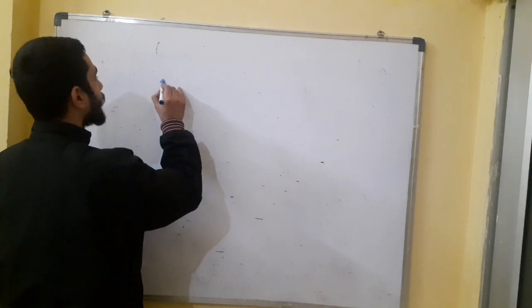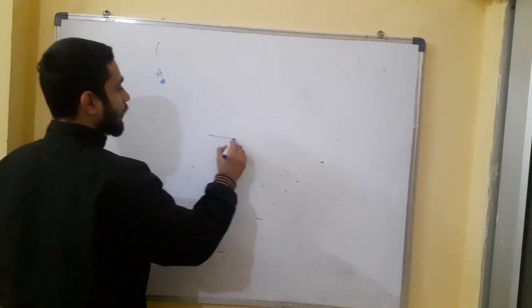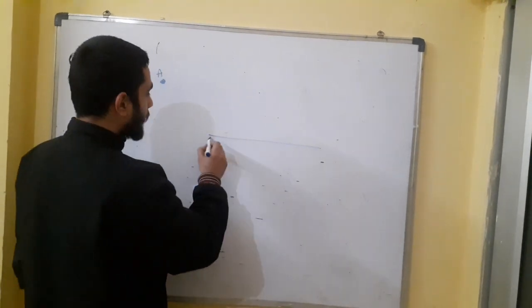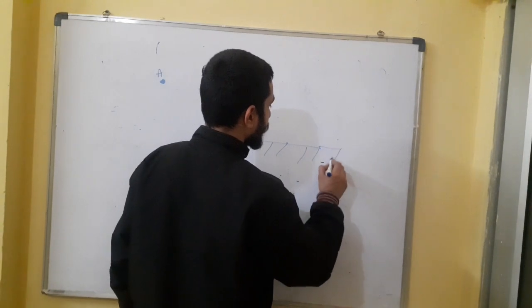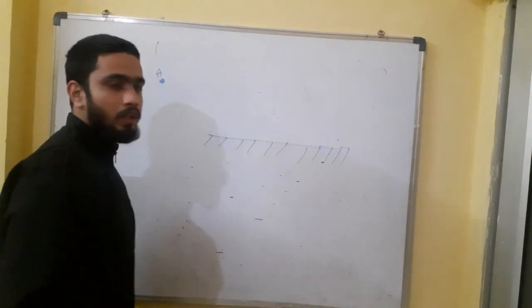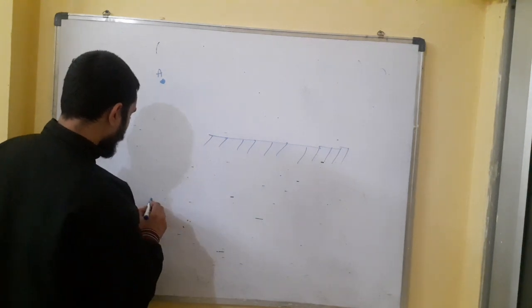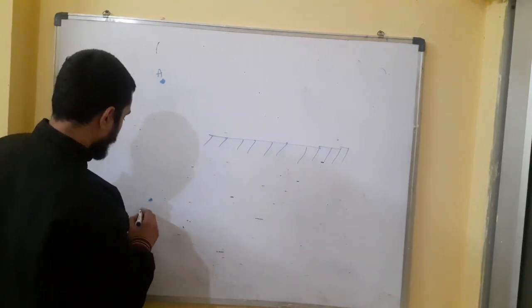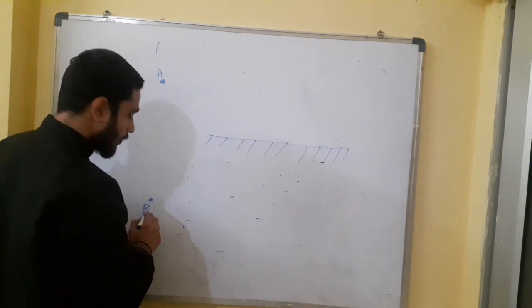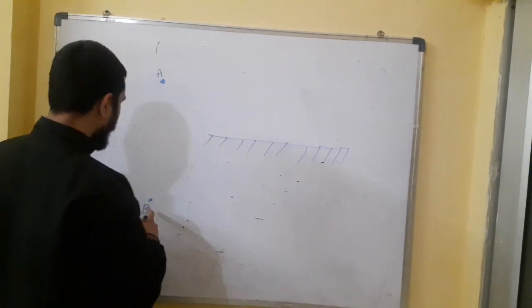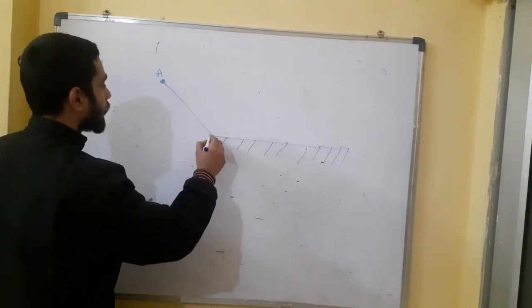There is one object A and there is one plane mirror, and this is the image of this object.